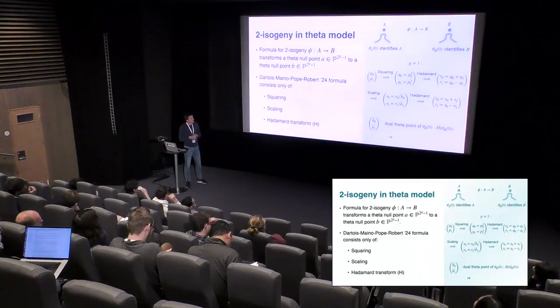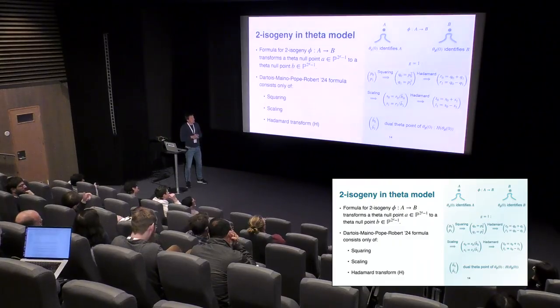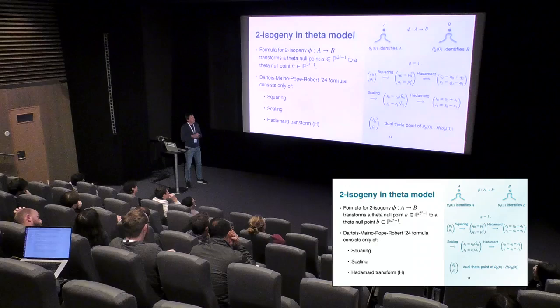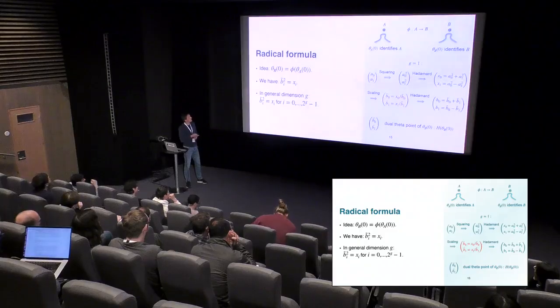But what we used is the fact that here in this scaling step, for the scaling operation, it uses the theta null point of B, or basically its dual. Its dual means that you apply the Hadamard transform on this point, and we use this.